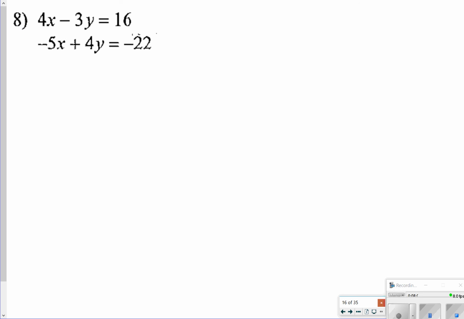Next up for number 8, you probably have to multiply both of these by something. I would maybe focus on eliminating your y's. So I'm going to multiply the top one by, let's say, 4, and the bottom one I'll multiply by 3. So I'm going to get 16x minus 12y is equal to 64.